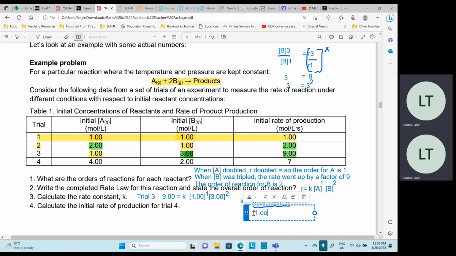One mole per liter times 3 moles per liter squared.